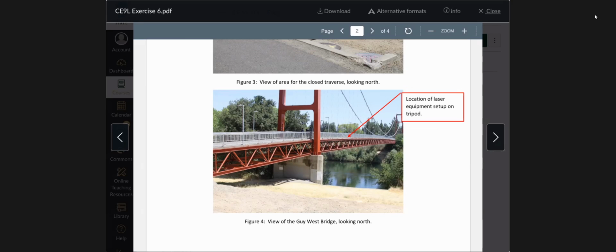So we have to set it up high enough on the bridge where the level can go over the crown in the middle and all the way to the other end of the bridge. But if we go too far up the bridge, then we might not have enough height on the rod to backsight on the manhole. So it's a tricky decision there where to set the level up. But where the arrow's drawn here is typically where we would set it up.